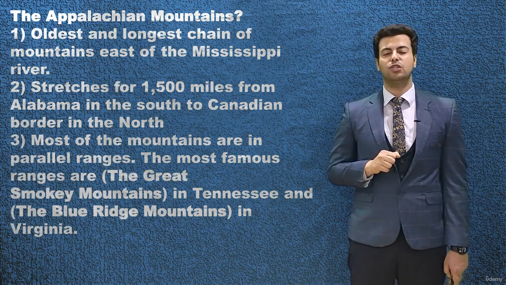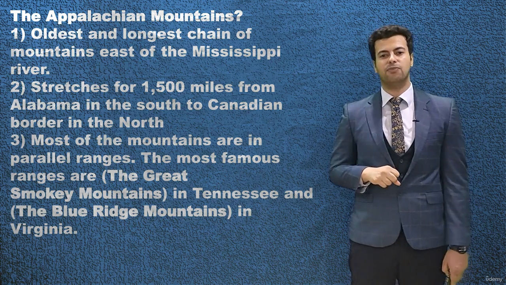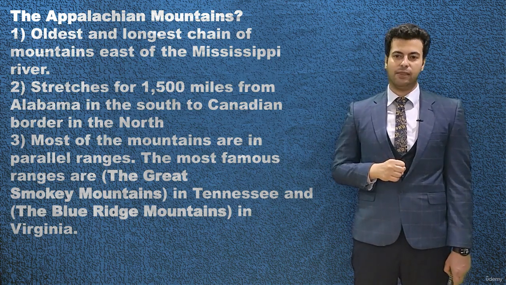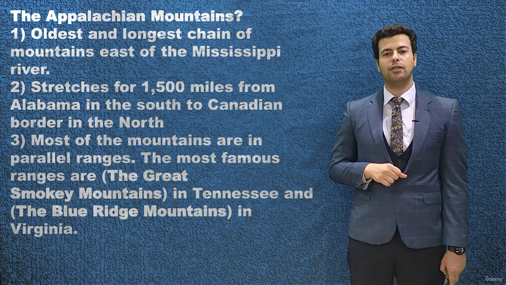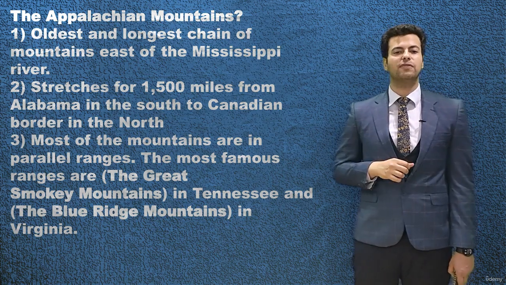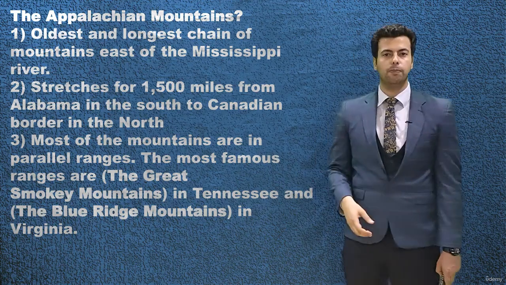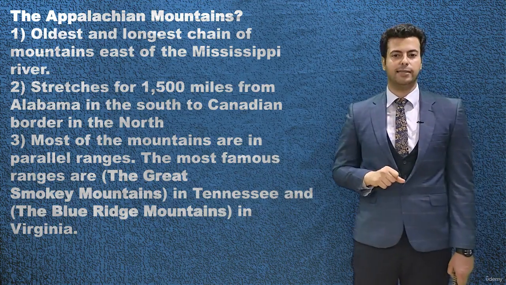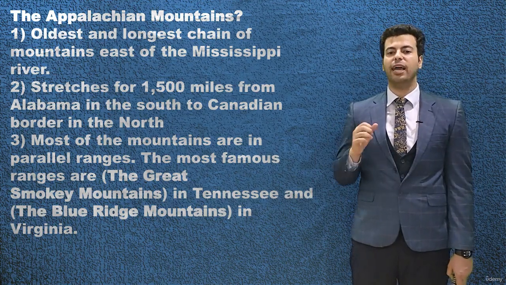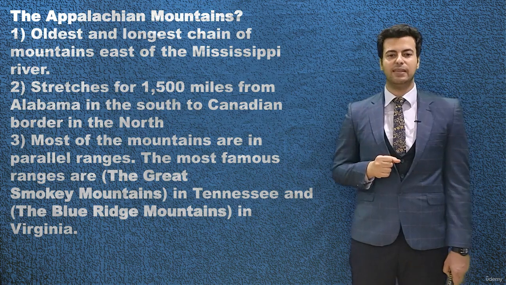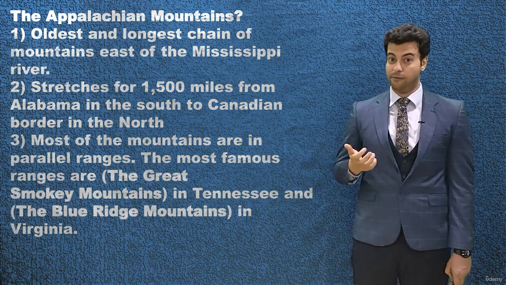The Appalachian Mountains stretch for 1,500 miles from Alabama in the south to the Canadian border in the north. Most of the mountains are in parallel ranges, meaning that they form two non-crossing lines. The most famous ranges are the Great Smoky Mountains in Tennessee and the Blue Ridge Mountains in Virginia.